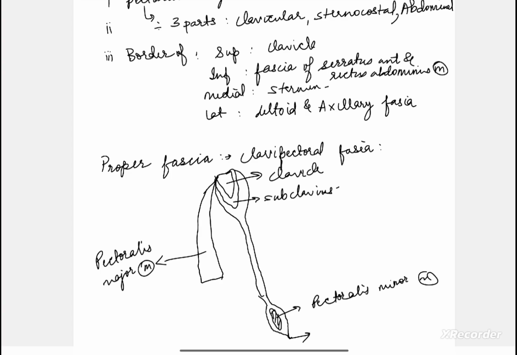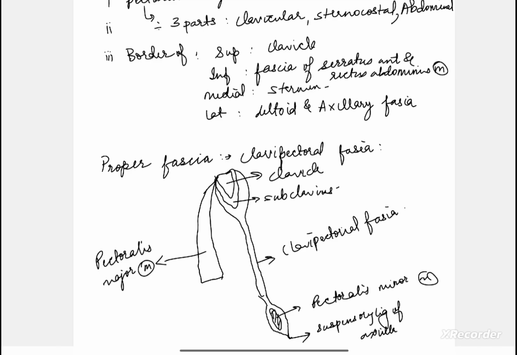This is the clavipectoral fascia. Okay, and this is the suspensory ligament of axilla.